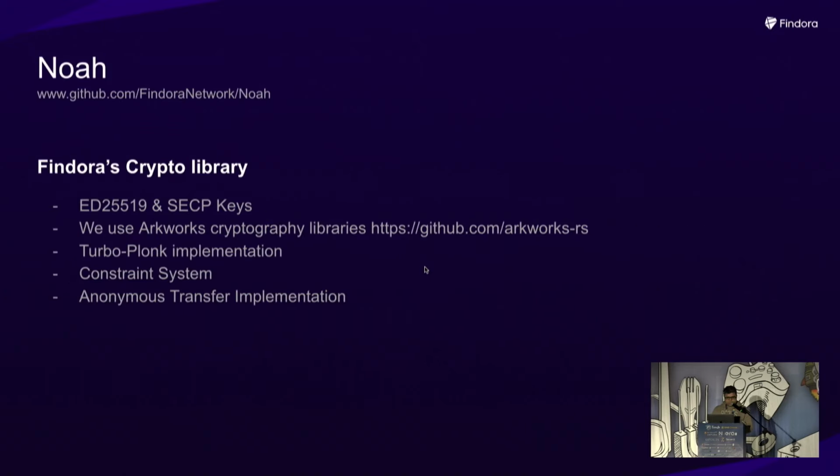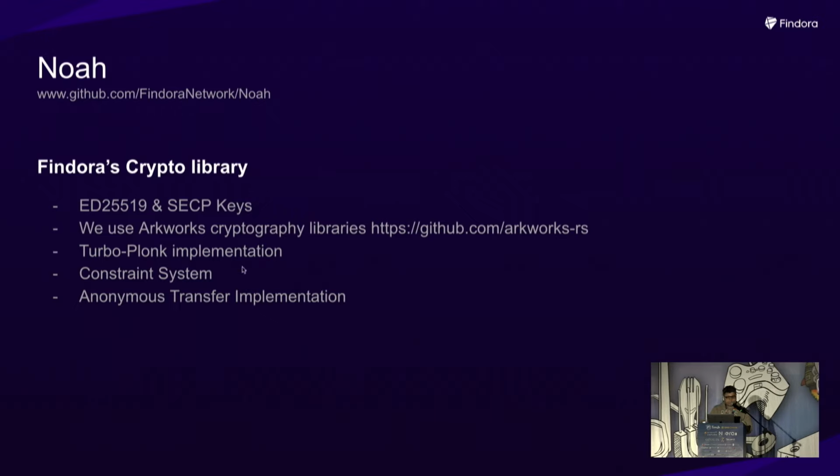So coming back, the base of Findora is Noah. Noah is our cryptographic library full of various tools we use in the Findora blockchain. For example, we have ED25519 and SECP key implementations in Rust. We use Arkworks cryptography libraries a lot in this, only for curve calculation and stuff.